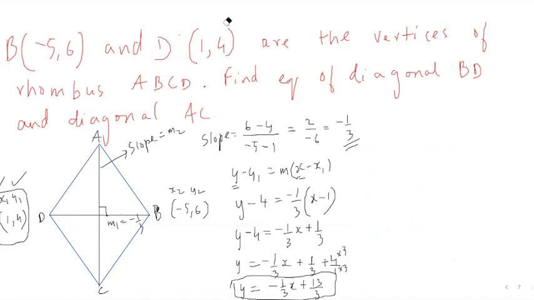Might need a little space to solve this. This is to find the equation of AC. So we've got the slope of AC. M2 is equal to minus 1 by M1.